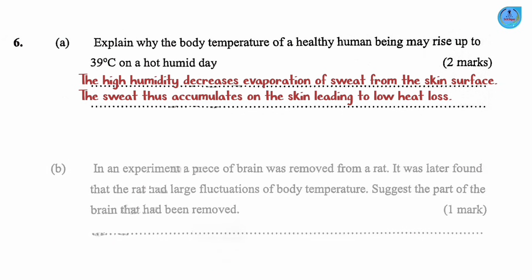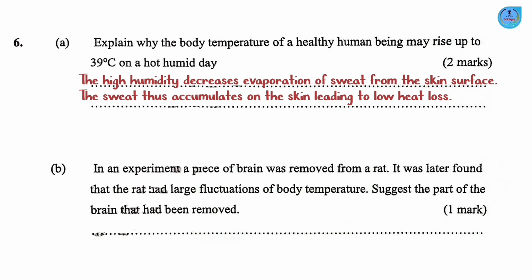Part B. In an experiment, a piece of brain was removed from a rat. It was later found that the rat had large fluctuations of body temperature. Suggest the part of the brain that had been removed. Okay, so a part of the brain of the rat was removed. And apparently, this will be the part of the brain that is involved in thermoregulation, in controlling the temperature of the body.